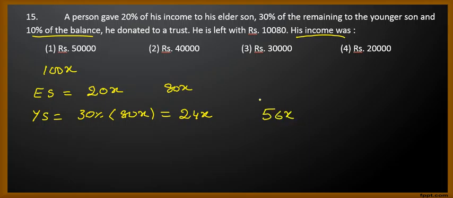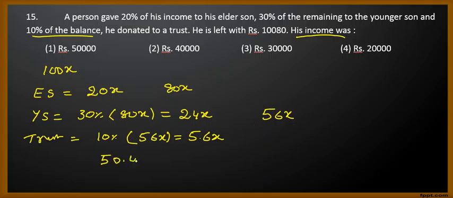For the trust he has given 10% of the balance. What is the balance? 56x. How much is he giving? 5.6x. If you deduct 5.6 from 56, what is the leftover? 50.4x.